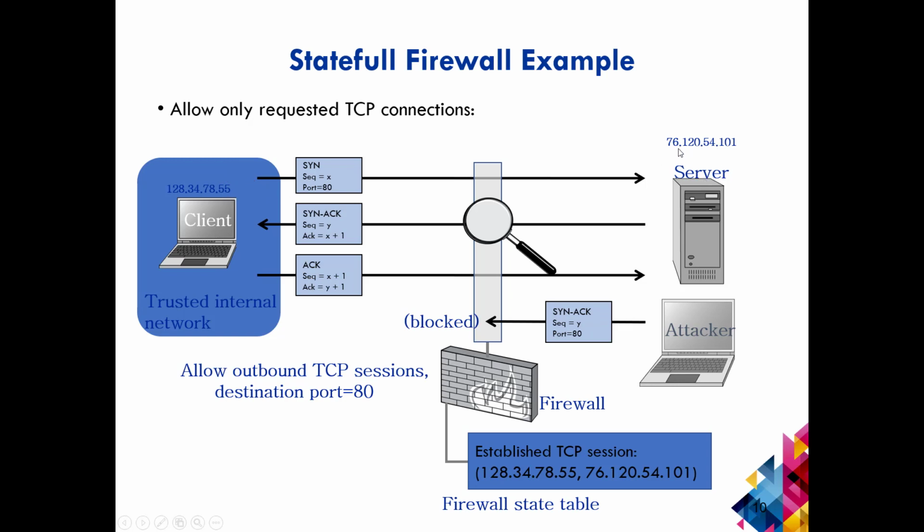The server address is 76.120.54.101, and then it replies. It is sent back to the client, and then the attacker tries to respond to the client, but it is blocked because the session is identified as blocked by the firewall.